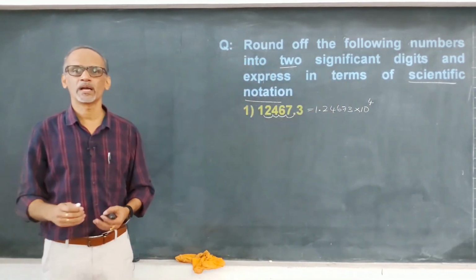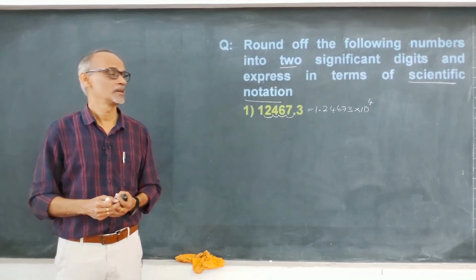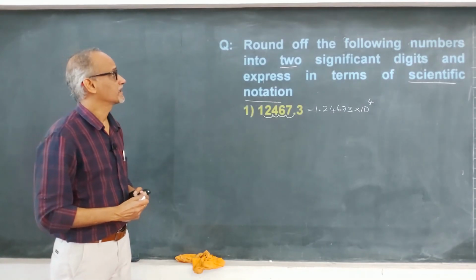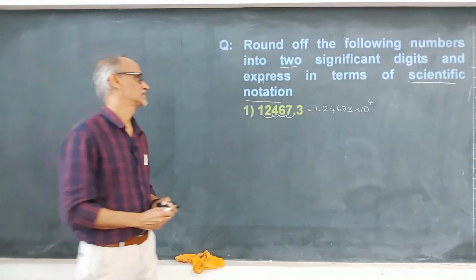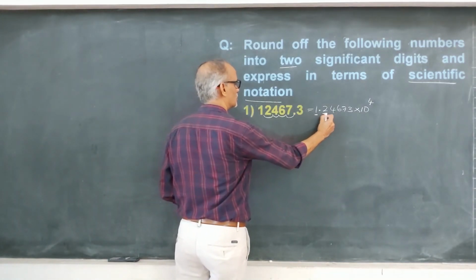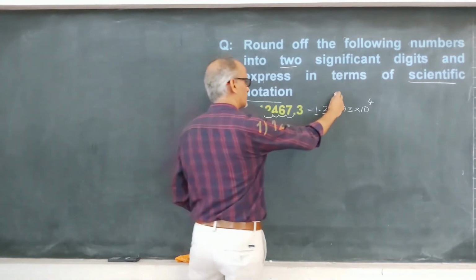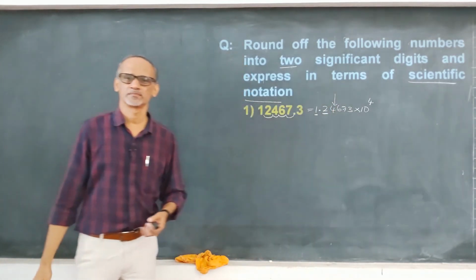Okay. So, now I have expressed in terms of scientific notation, correct? Now, I have to maintain two significant digit, two significant, 1, 2, that is it. The rest digit to be dropped.